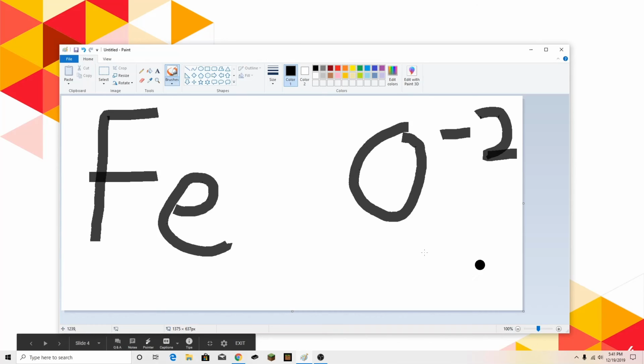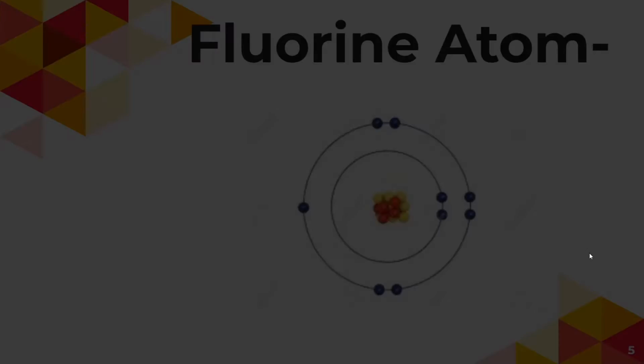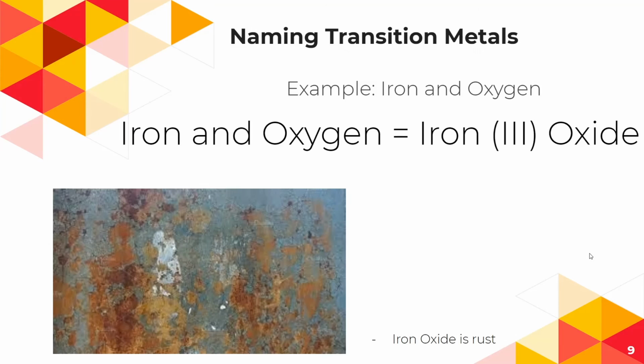You just have to know this stuff. Depends. So in order for these two to be balanced, iron has to be iron 2. So it would be 0. And that was a typo, I think. Yeah, that was a typo.